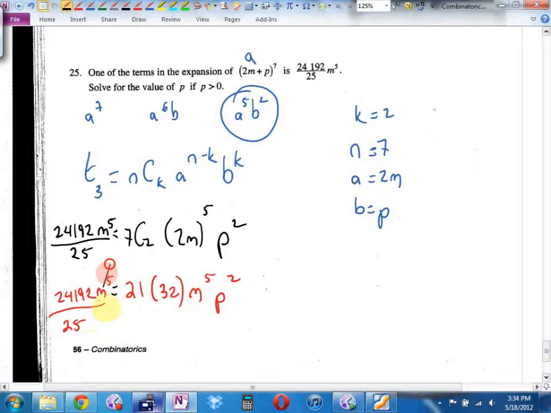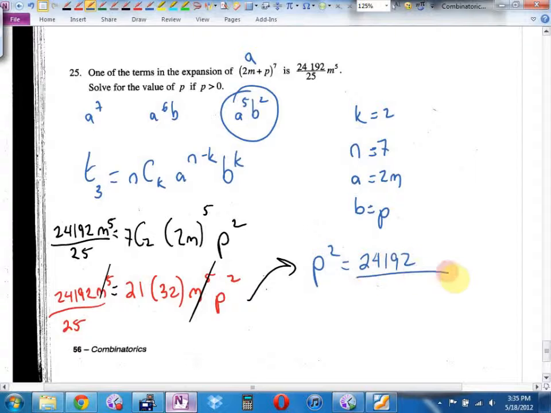How do I get the p by itself? Divide by both of those, which it's going to look ugly. I'm not going to freak out, though. I think p squared is going to end up with a 24192 on the top, and on the bottom there's going to be a 25, a 21, and a 32.